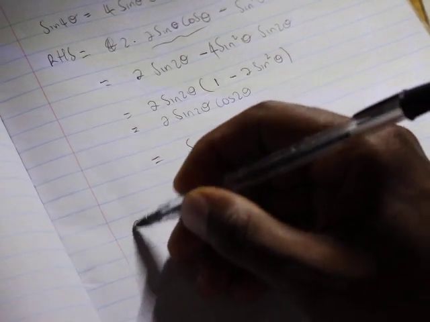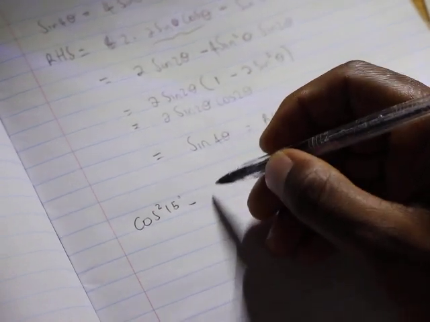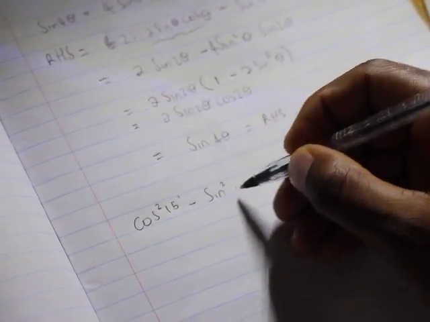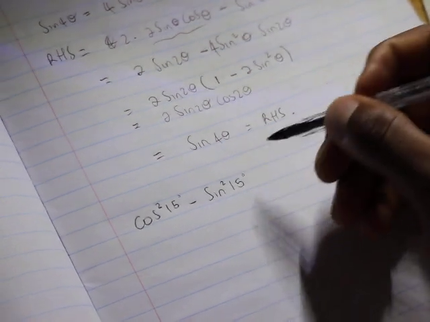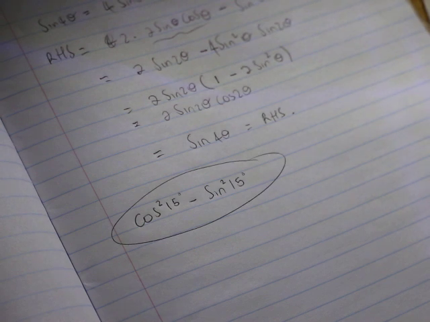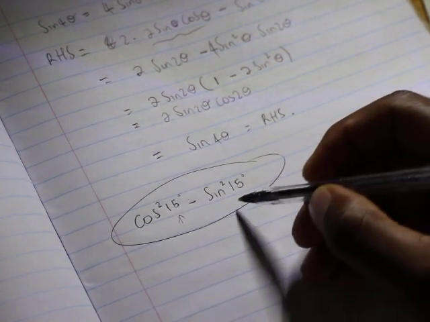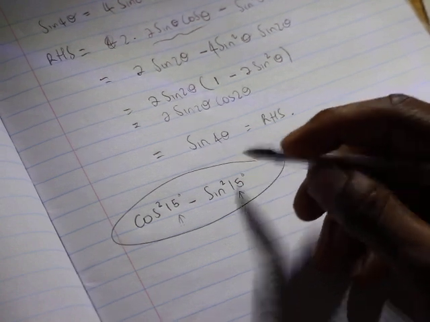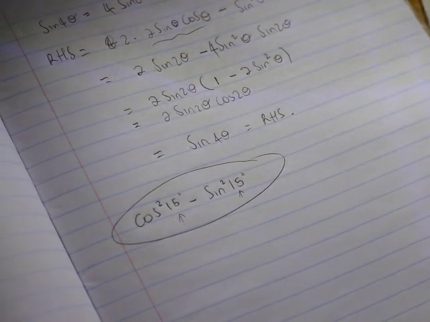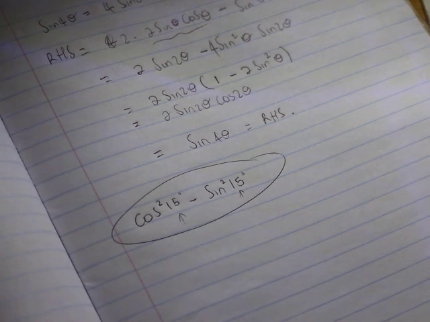So the question that we have is cos squared 15 degrees minus sine squared 15 degrees. How do you simplify this? Immediately when you start seeing these types of angles that are not alphabets, just know that in order for you to simplify, special angles are going to be involved.